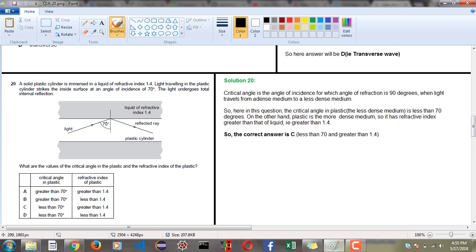And the light is traveling from a dense medium to a less dense medium. The plastic is the dense medium and the liquid is the less dense medium, so the refractive index of plastic will be greater than the refractive index of liquid, so it will be greater than 1.4. So the critical angle is less than 70 degrees and the refractive index is greater than 1.4. Our correct answer is C.